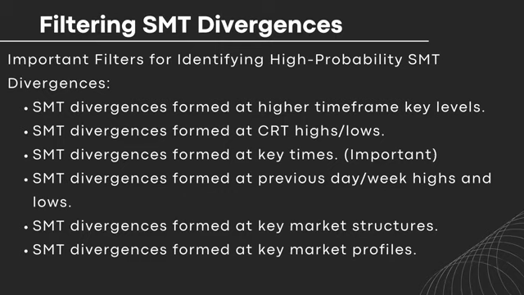And if you can then match it with a CRT there, then the probability increases even more, right? You can see that you're going to be using it in an analogical framework, following a proper sound logic. Manipulation profiles and reversal profiles are high probability market profiles for SMT to be formed at, right?